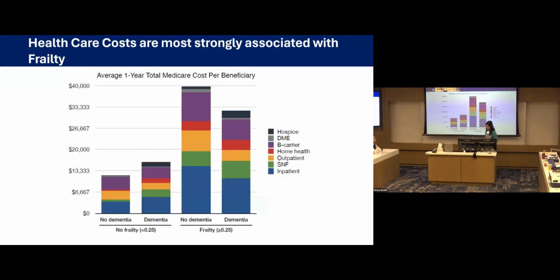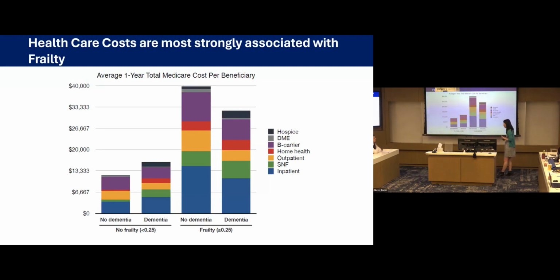Now, the interesting thing was when we looked at annualized one-year Medicare costs, we were a little surprised. At first we expected that with frailty and dementia you would have the highest cost. But first of all, frailty seems to be the stronger driver of Medicare costs in this population.